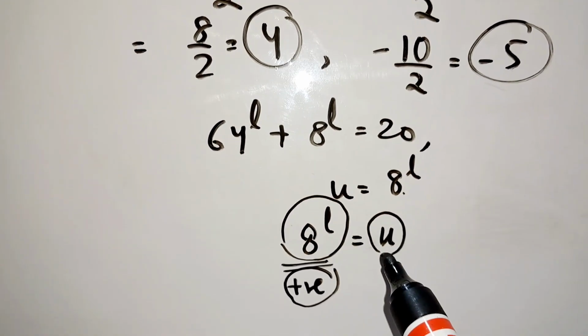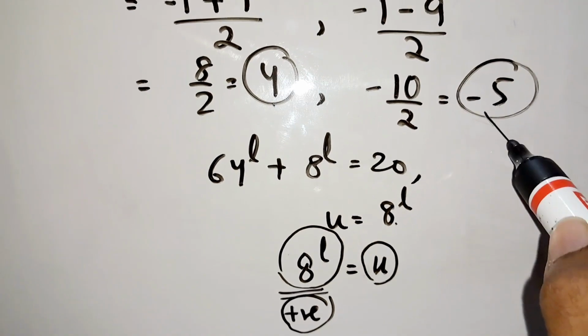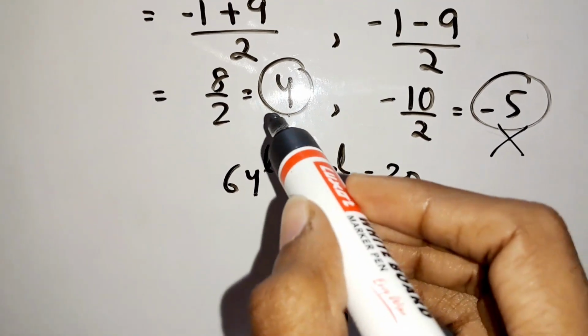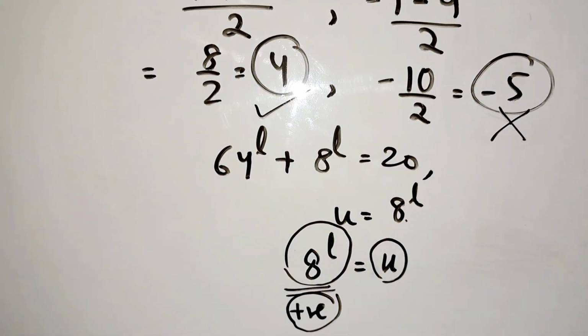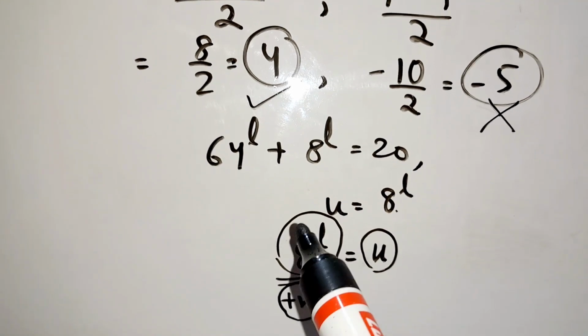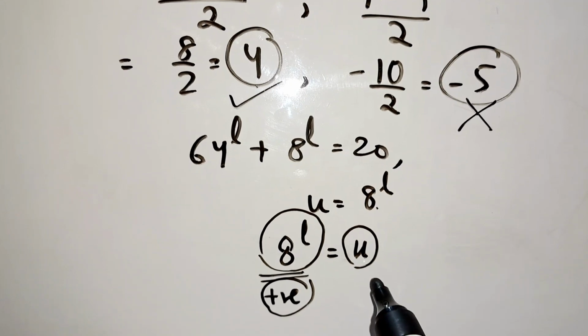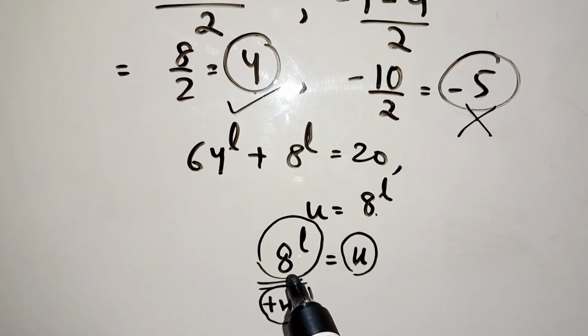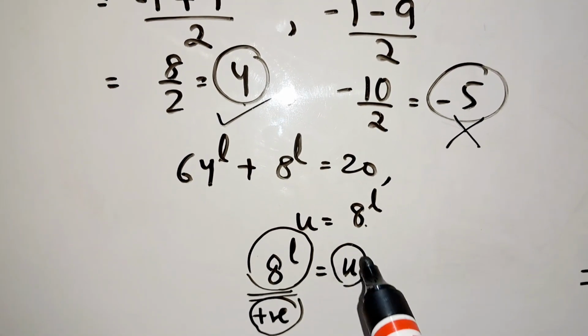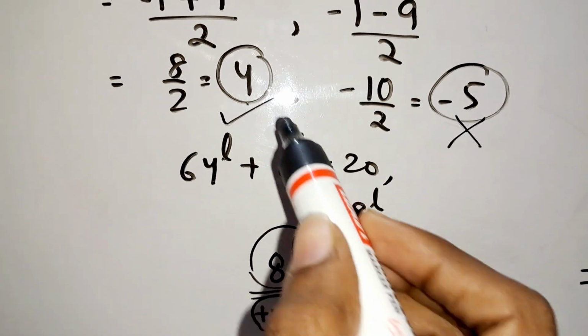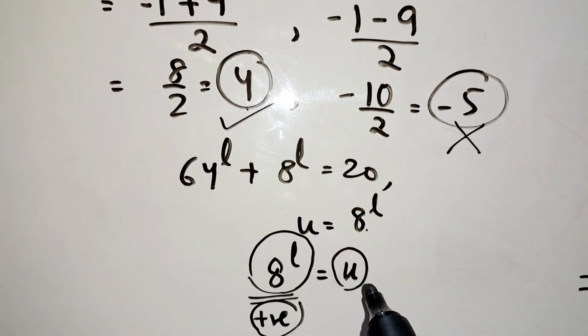We cannot take u as negative, so -5 is cancelled. The only correct option is 4, because 8^L is positive. If the LHS is positive in an equation, u must also be positive. So we take only the positive value of u, and that is 4.